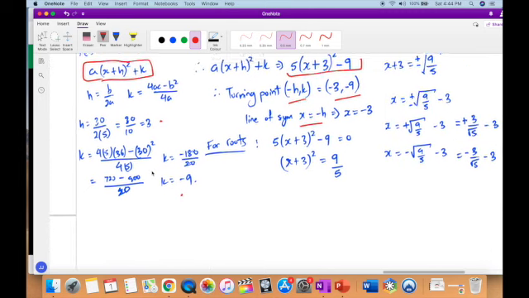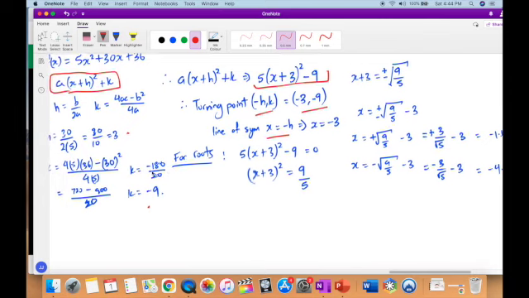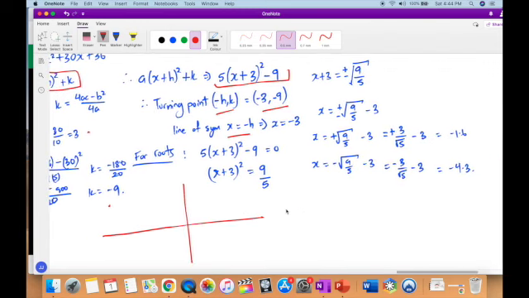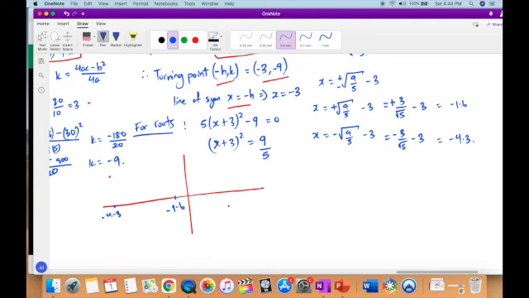Now sketch the graph. I'll just try to sketch it a little small over here. I see that my roots are negative, so this is going to be a negative kind of thing. The roots here are negative 1.6, and then over here, negative 4.3. The turning point is negative 3 on the x, which is somewhere here, and negative 9 on the y, which is all the way down here.